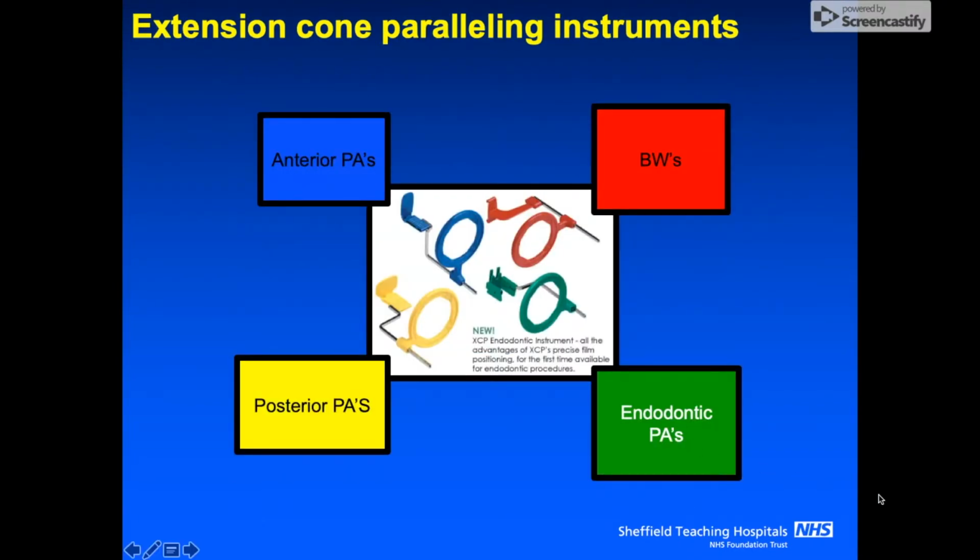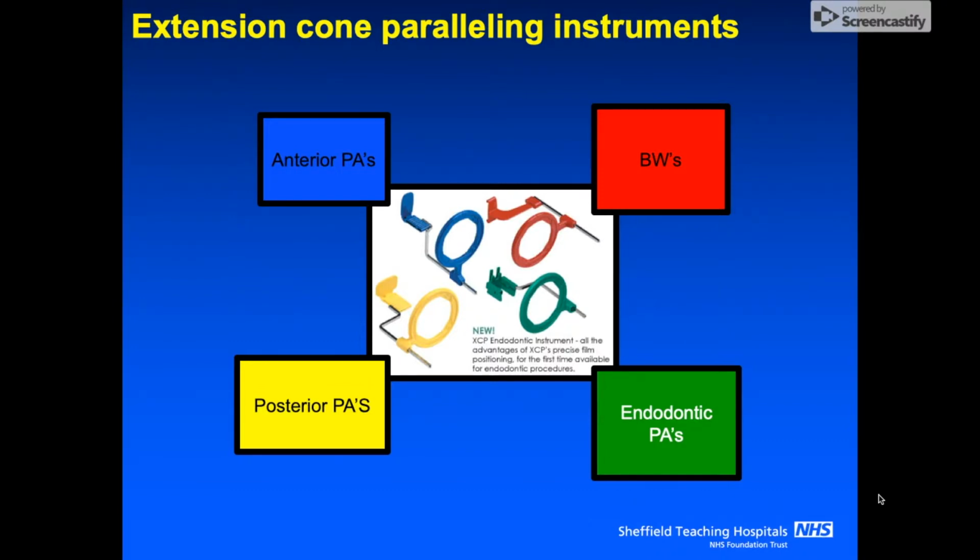The holders or extension cone paralleling instruments are colour-coded for easy assembly. So the blue instruments are used for the anterior periapicals, yellow instruments are used for the posterior periapicals. The green instruments can be used to image teeth during endodontic procedures.